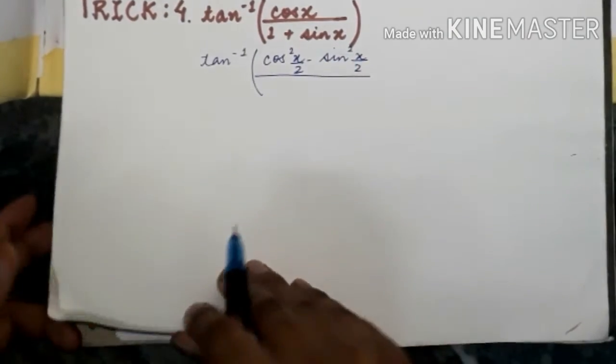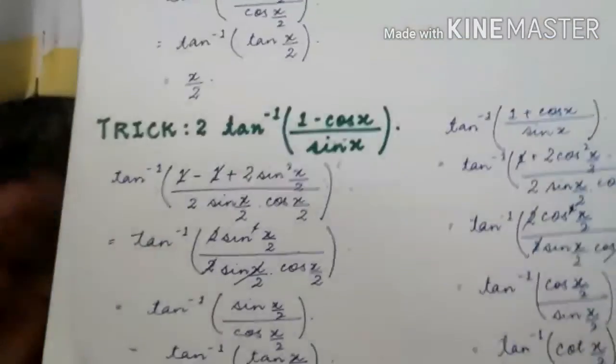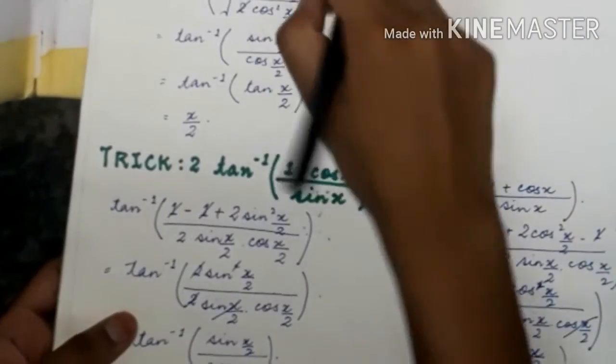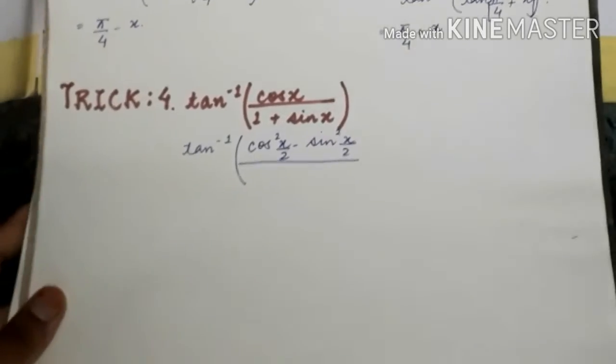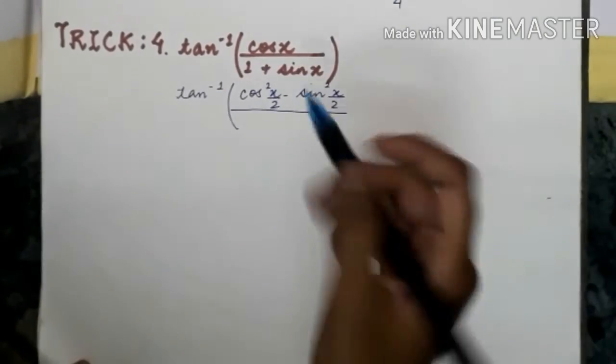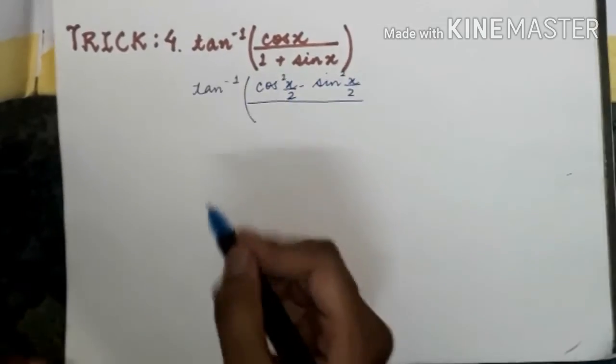In the previous questions, you were getting 1 along with cos x. Here it is another type of question. When you get 1 along with sin x, how to eliminate this one?